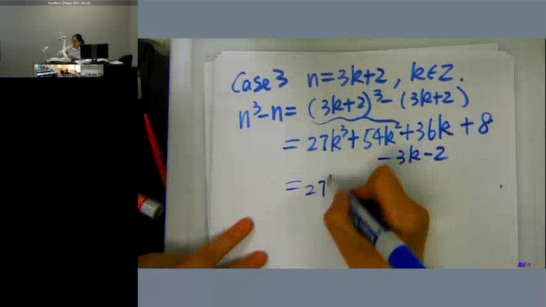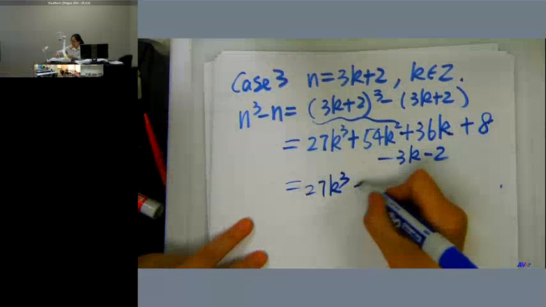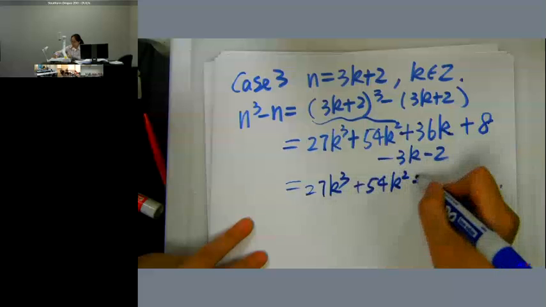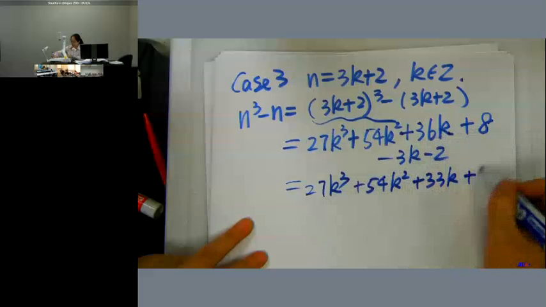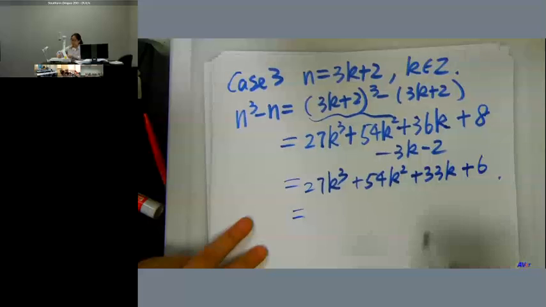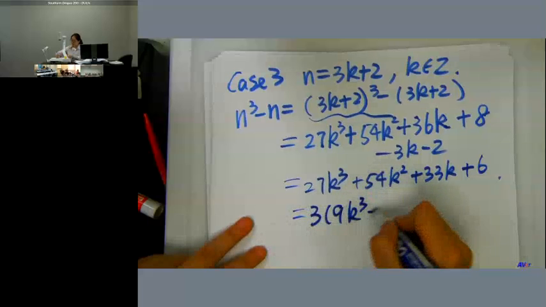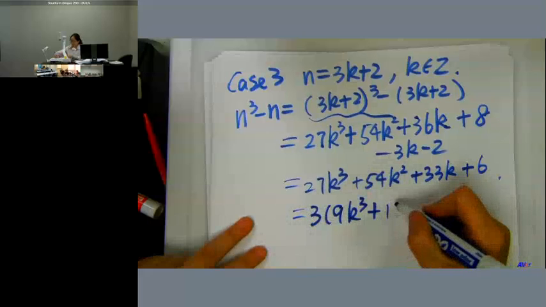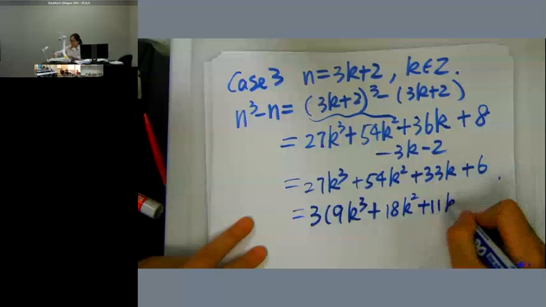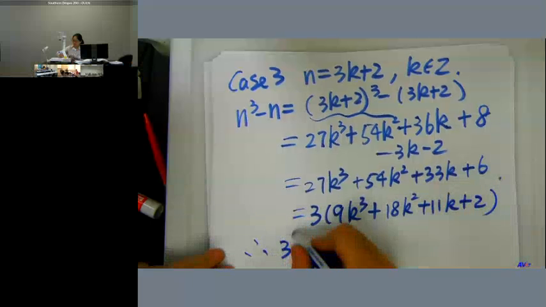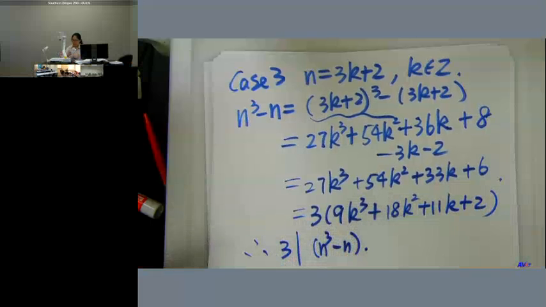Combining like terms, we get 6. And again, you will be able to factor out a 3. So therefore, 3 divides n cubed minus n. Okay, now you can stop because we did all 3 cases.